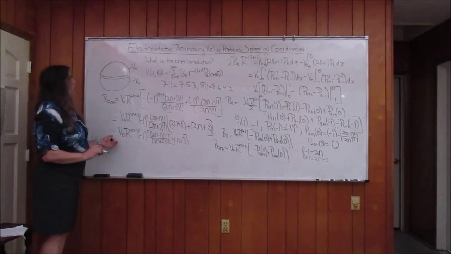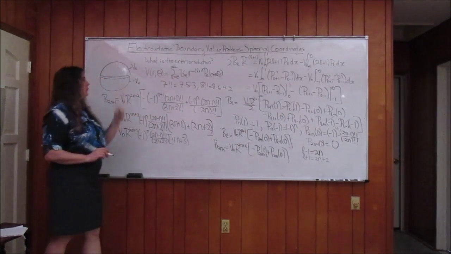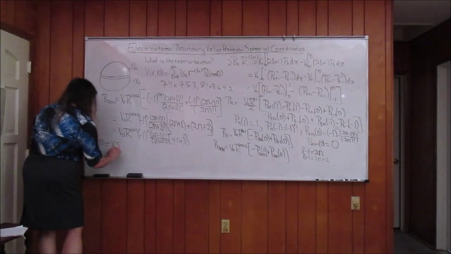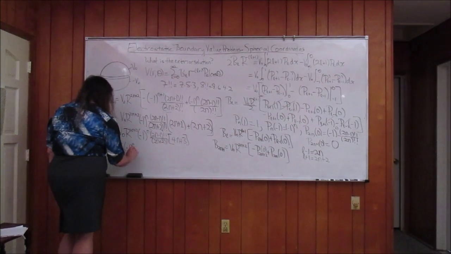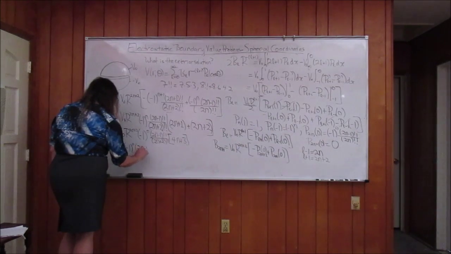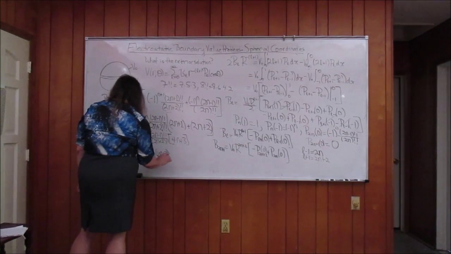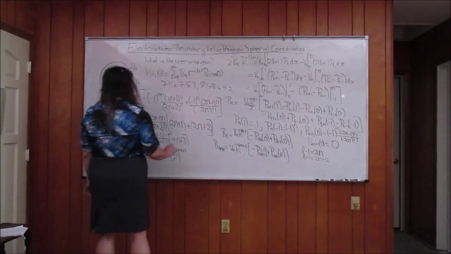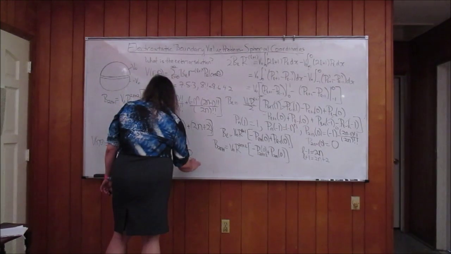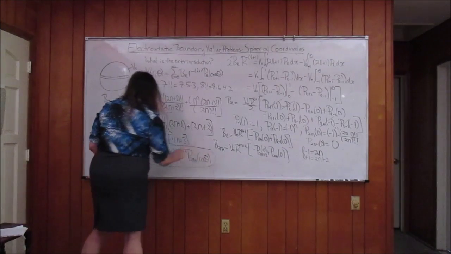Plugging in these coefficients into your solution and remembering that we had to make the change of variables, or change of indices, I should say, from L equal to n, 2n plus 1. And there's your solution.